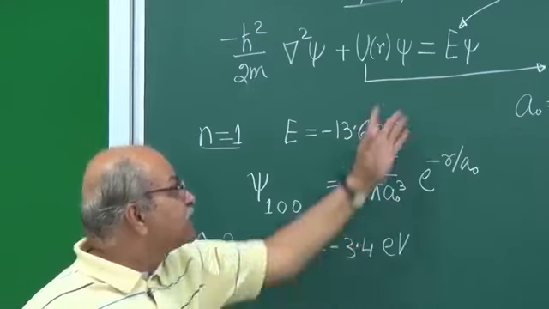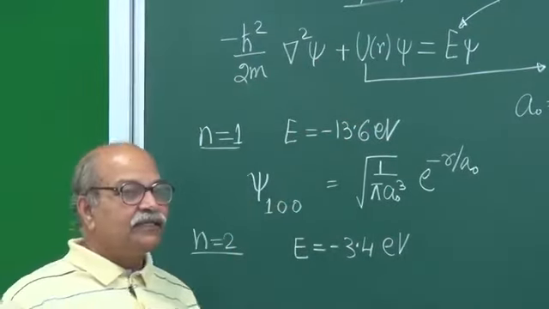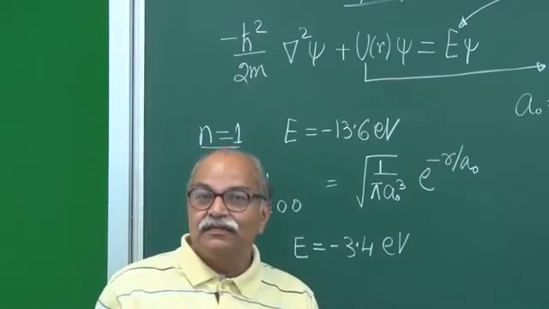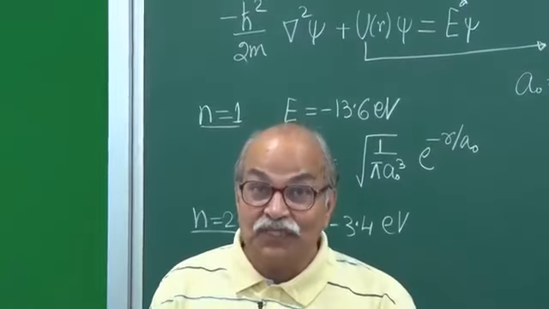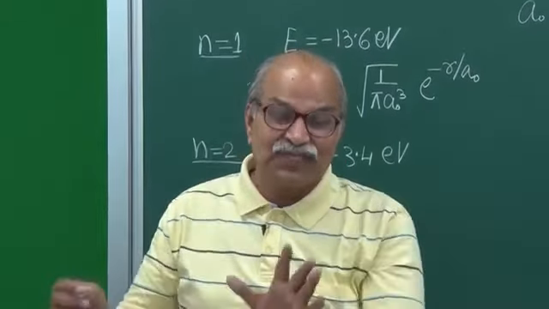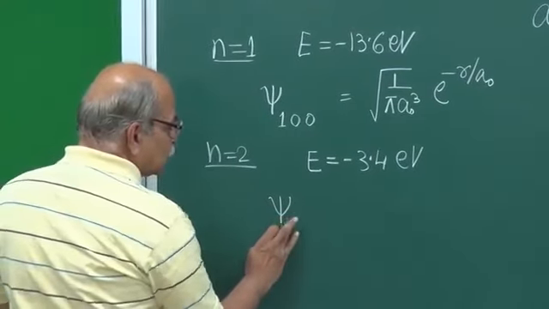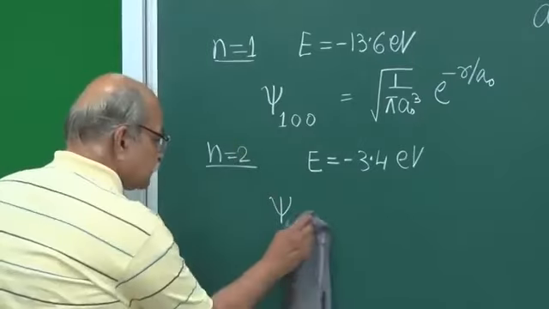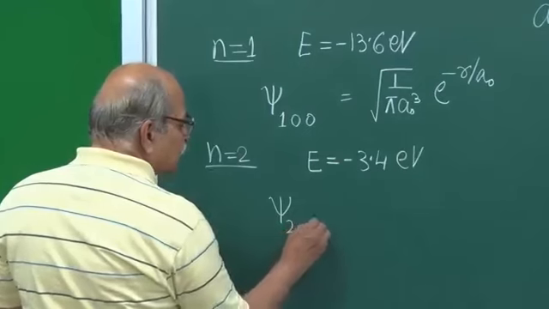And if this is the energy, then what is this psi? It turns out that more than one functional forms are possible. In fact, 4 of them are possible. And what are those 4? There are some expressions which I will not write here, but there are 4 which we write: 2, 0, 0.